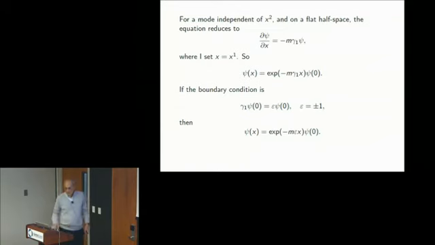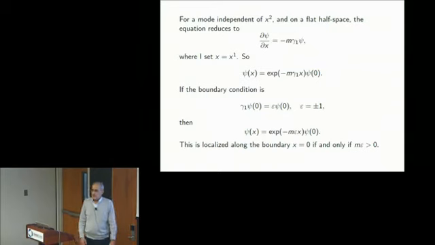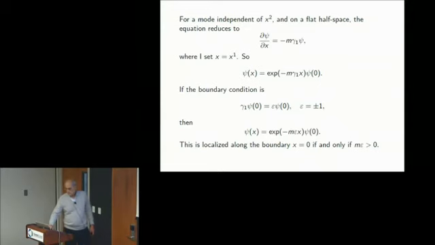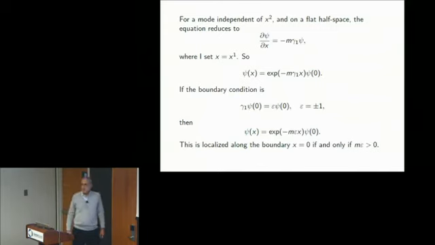And you see it's exponentially decaying if m epsilon is positive, otherwise it's exponentially growing. So if m epsilon is positive, the attempt to trivialize the theory by creating masses has failed, because there's a mode along the boundary that will behave like a massless mode in one dimension, only propagating along the boundary. If m epsilon is negative, then the attempt to trivialize the theory has succeeded.